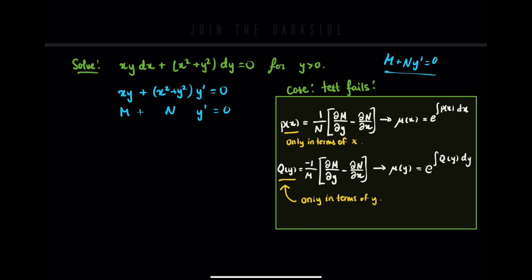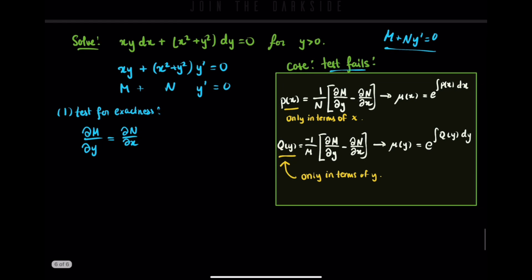So now let's do the test for exactness. And I've already provided you with the case if the test fails, so that's like a hint. But just to be thorough, let's do the test for exactness. The partial derivative of M with respect to y, and the partial derivative of N with respect to x.